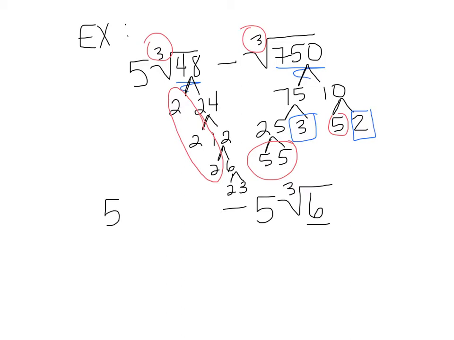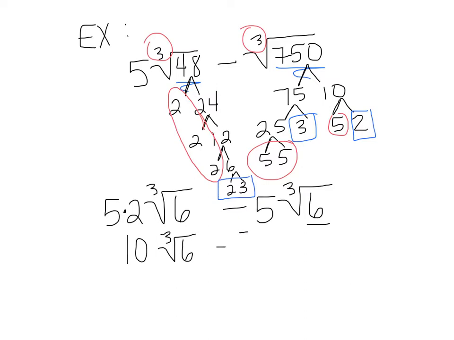I already have a 5 out front, so I need to multiply that 2 by the 5 that I have out front. And then, just like we were hoping, the 2 things that can't come out are this 2 and this 3. They get multiplied back together and put under the radical. So the 5 and the 2 go together for 10 cube roots of 6 minus 5 cube roots of 6.